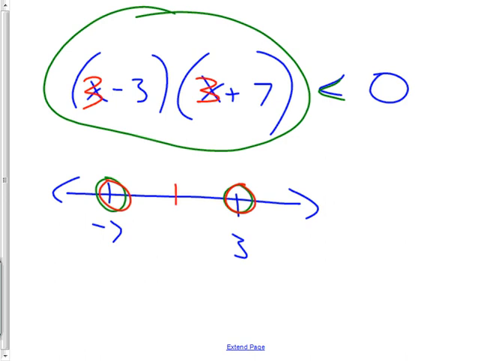So if I test a number like in here, like 0, put in a 0, put in a 0, I get negative times a positive makes a negative. Do you get how I didn't even care that it was actually -21? It's a negative. Is negative less than 0? Yeah, so it worked. Works in here. And then try 4. In your head, think about it. Put in a 4 right here.